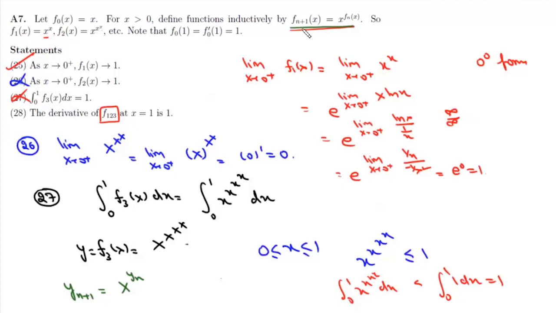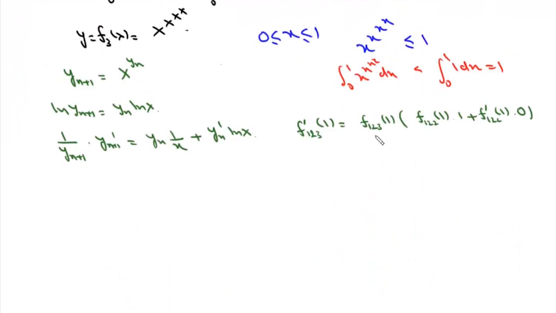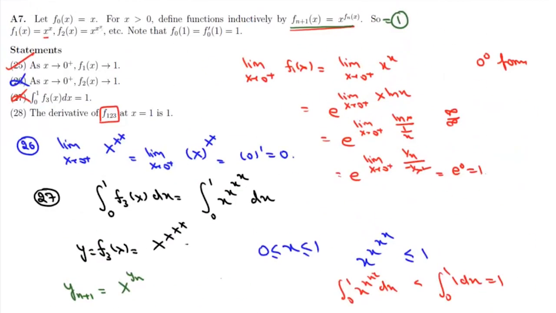Now any f_{n+1}(x) at 1 is 1 to the power 1 to the power 1 to the power 1. So this value will always be 1. So value of f123(1) is 1 and f122(1) is also 1. So value of this derivative will be 1. That means this statement 28 is correct. So the correct statements are 25 and 28.